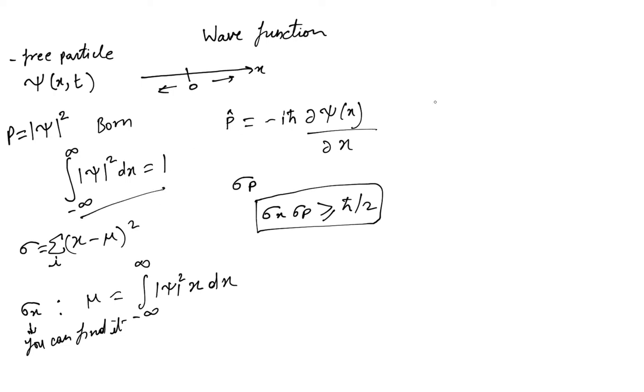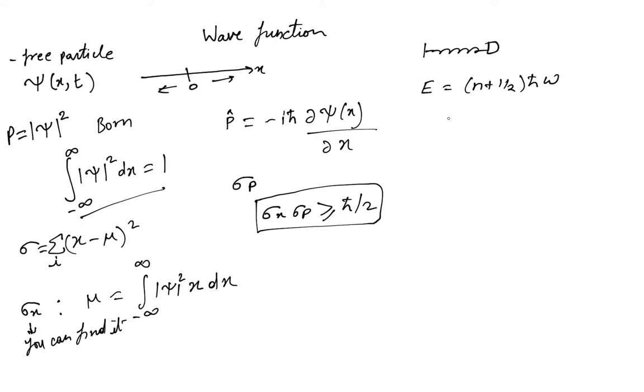And we can take one more example, the case of a spring mass system. For the spring mass system, we know that the energy was given as (n plus half) h bar omega.